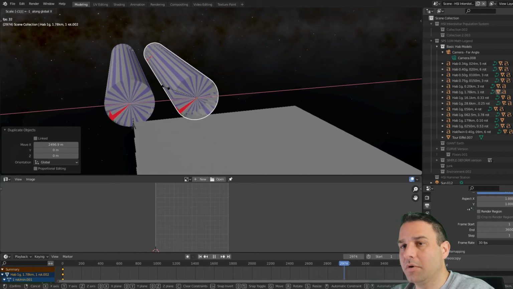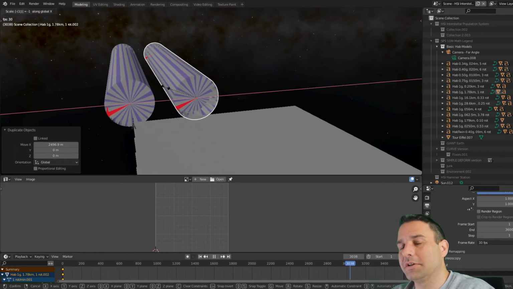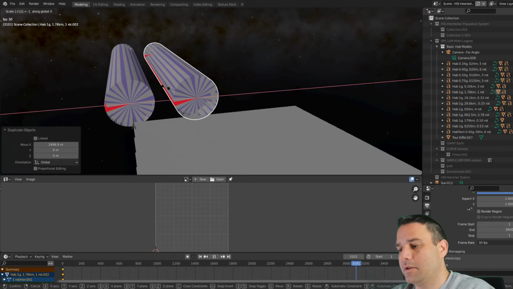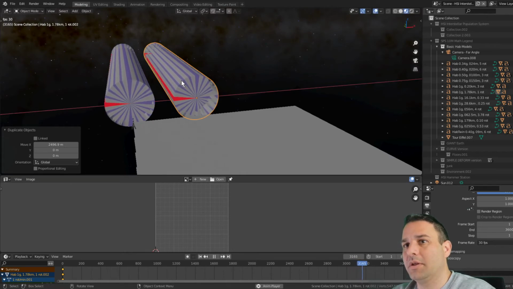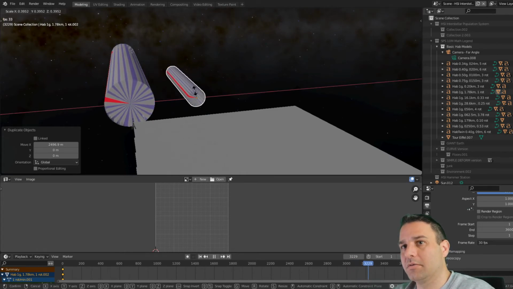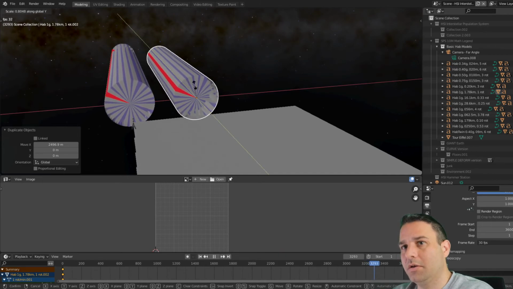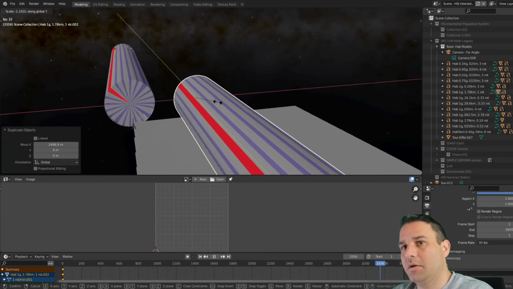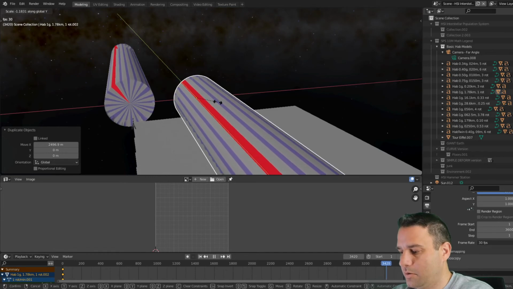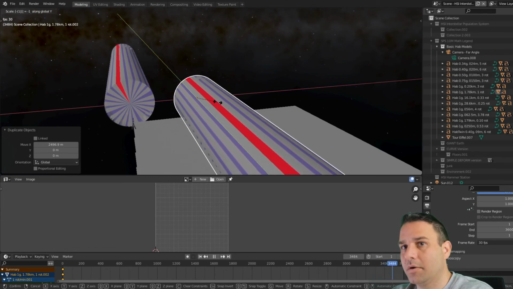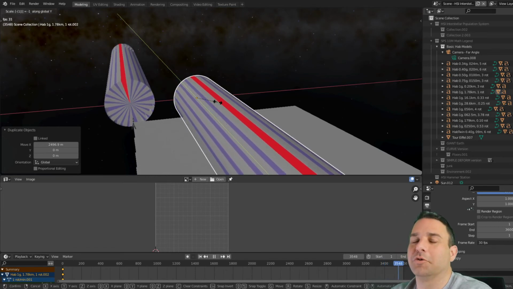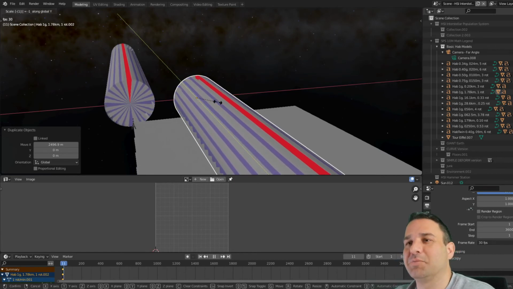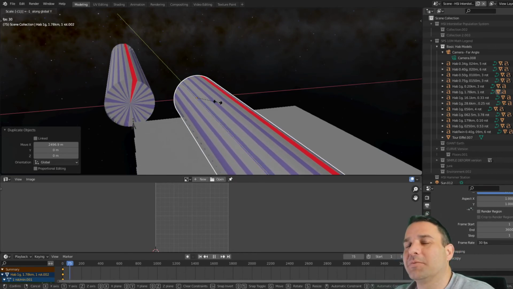No, I can't get it to rotate the opposite direction. Scale on the Y. Nope, still spins the wrong direction. But I could play with it and get it to spin the opposite direction.